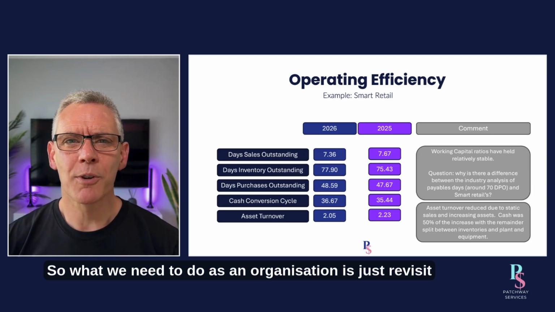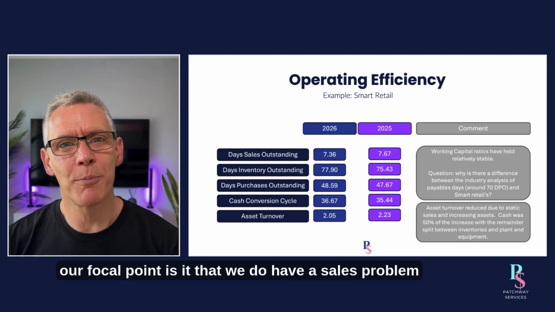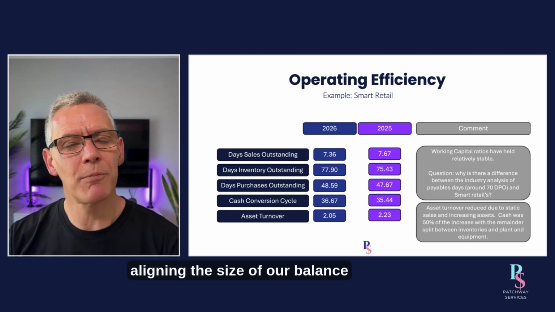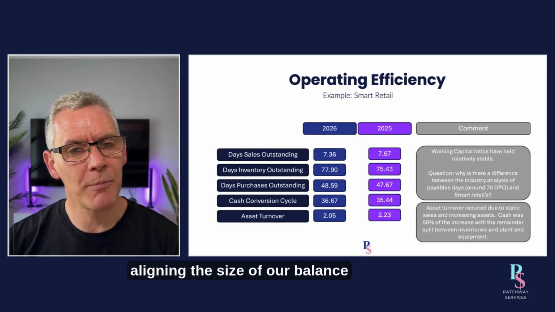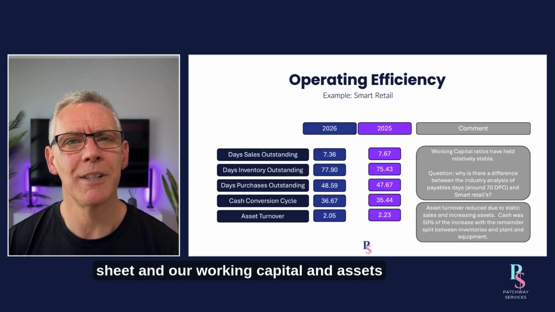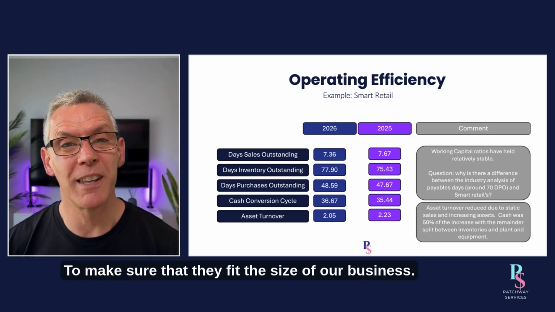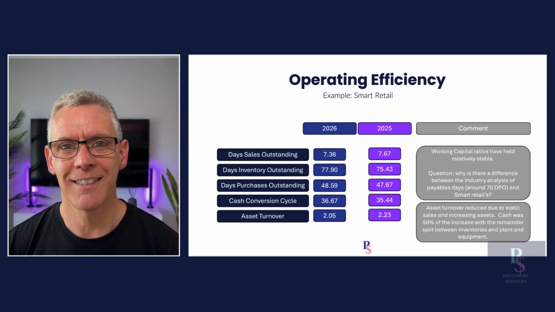So what we need to do as an organization is just revisit our focal point. Is it that we do have a sales problem here, or do we need to start aligning the size of our balance sheet and our working capital and assets to make sure that they fit the size of our business? So that is a wrap in terms of our operating efficiency ratios.